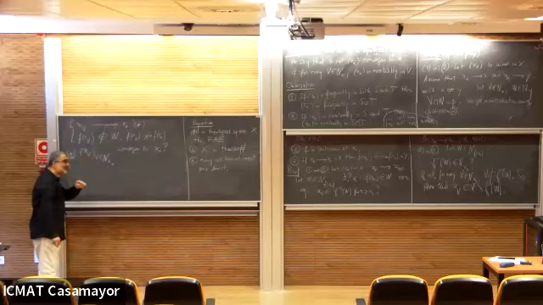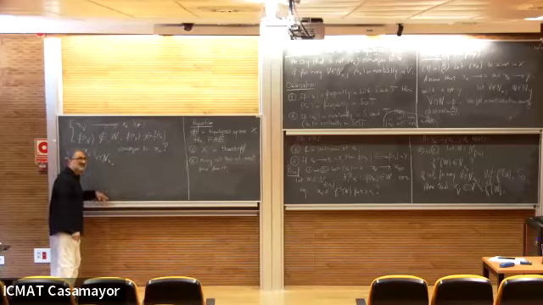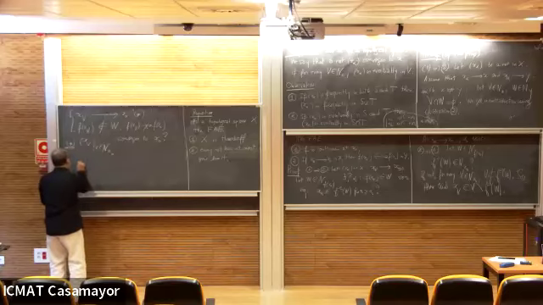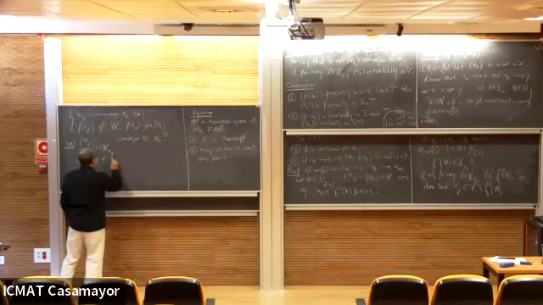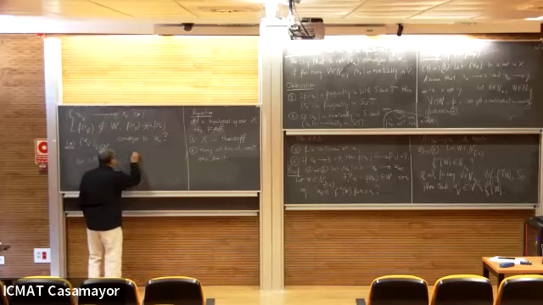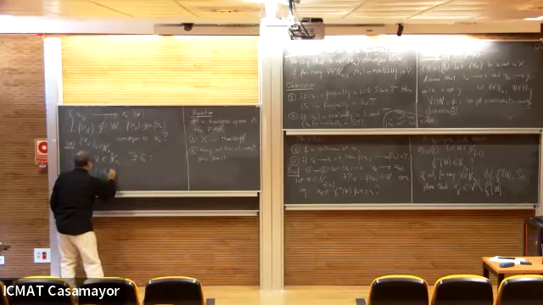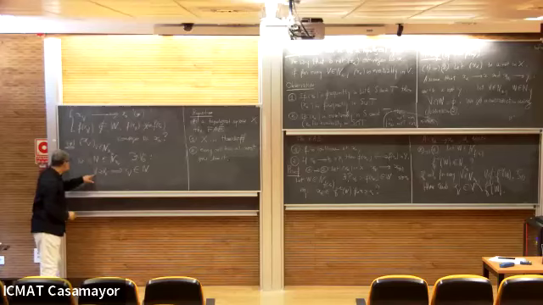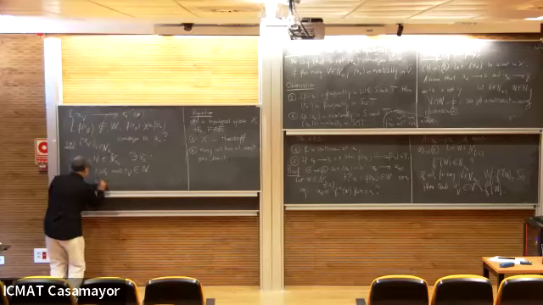This means that if I take a neighborhood N of x0, I can find some V0 such that, this plays the role of alpha, if V is more or equal than V0, then x_V belongs to N. But what does it mean that V is more or equal than V0? This means that V is contained in V0.